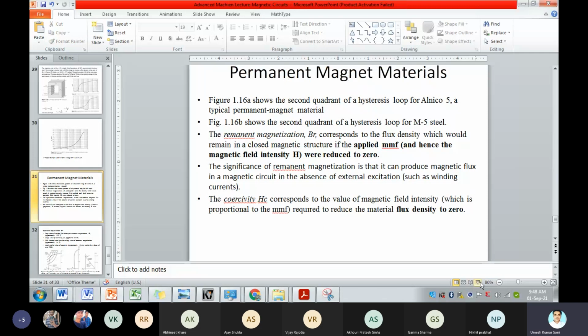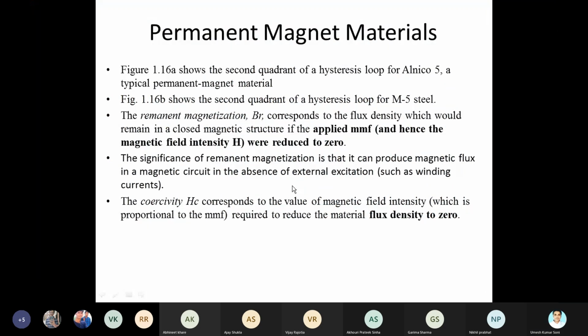Permanent magnetic material properties. M5 steel, Alnico, these are some permanent magnetic materials. Neodymium, you have seen often in YouTube videos, some neodymium magnets, the people are doing some small projects. These have certain properties, and the hysteresis loop for Alnico is given here.